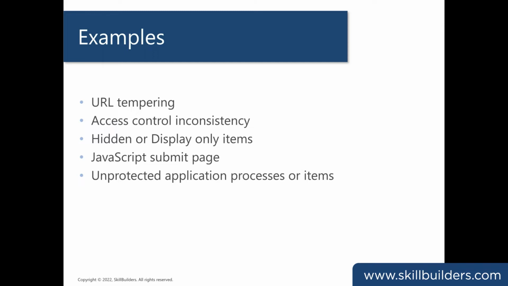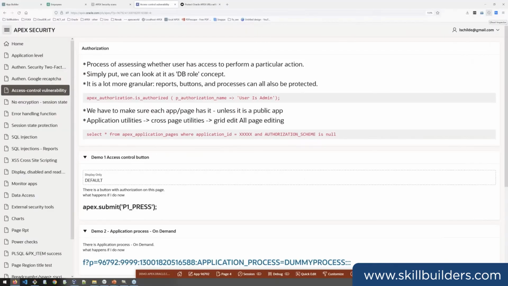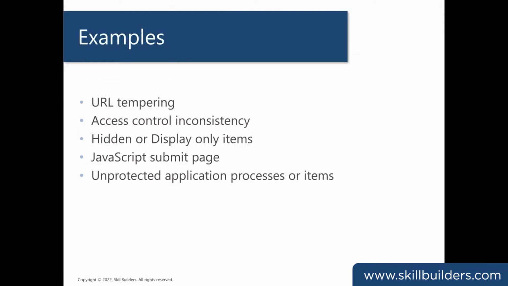That's the only thing for starters that I'll say on items. And then, of course, there's JavaScript submitting a page, which is a common sense one, or unprotected application processes or items.